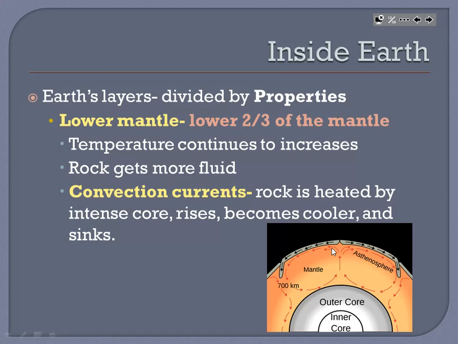Now at this point, the rock is still hot, but it's a lot cooler than it was down here, right? So it's cooler up here than it is down here. Now it's still hundreds of degrees, maybe 1,000 degrees or so, but it's definitely a big difference between like 6,000 degrees and 1,000 degrees.